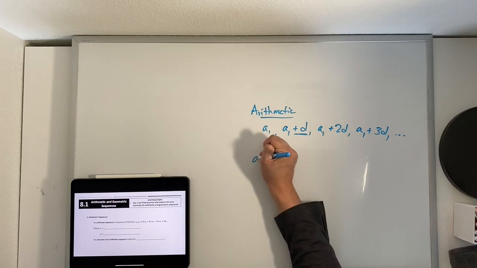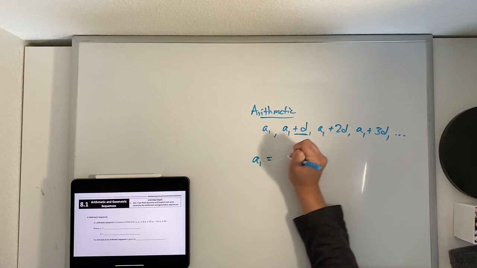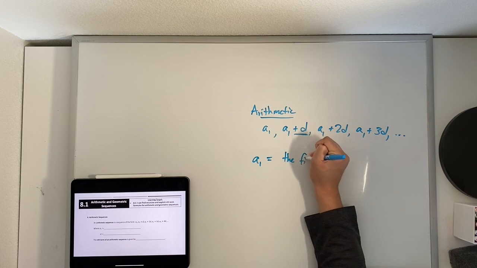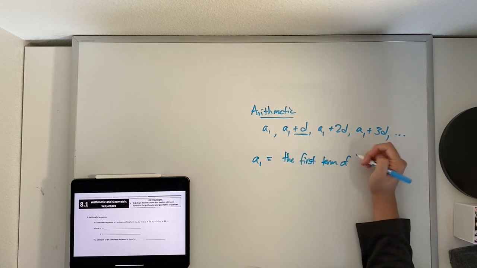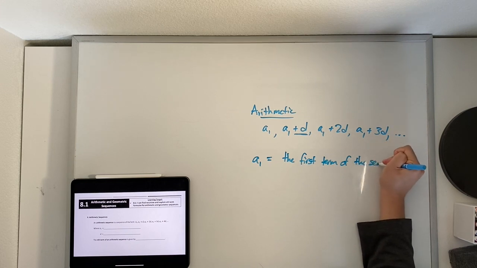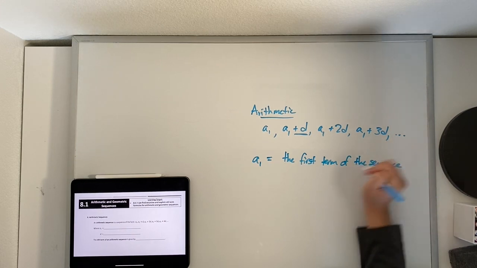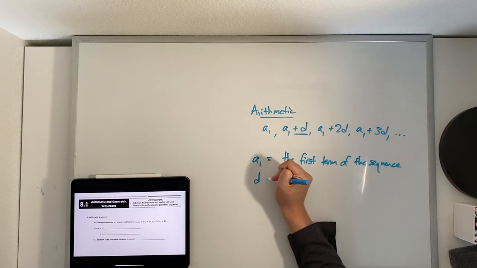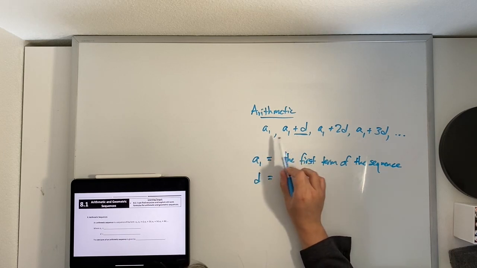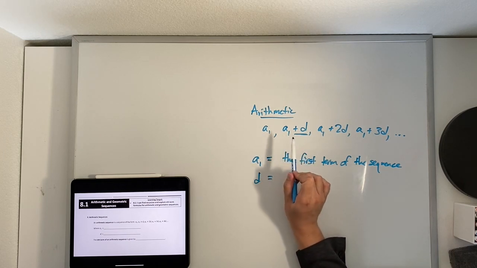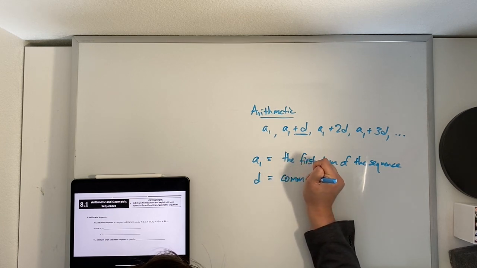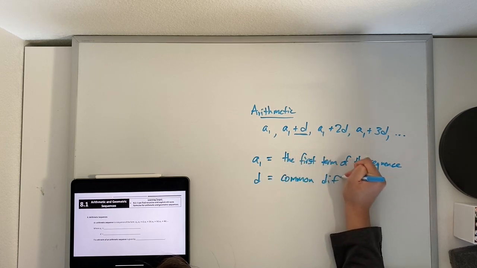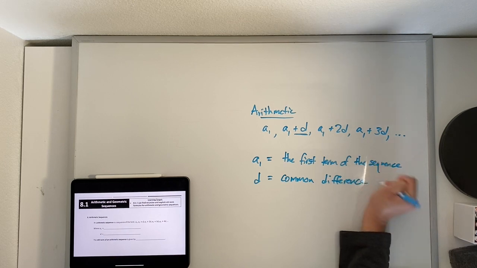So A1 is the first term of the sequence. Okay, should make some sense. This D constant, well, it's the difference between one term and the next. So we call this the common difference. Very creative, I know.